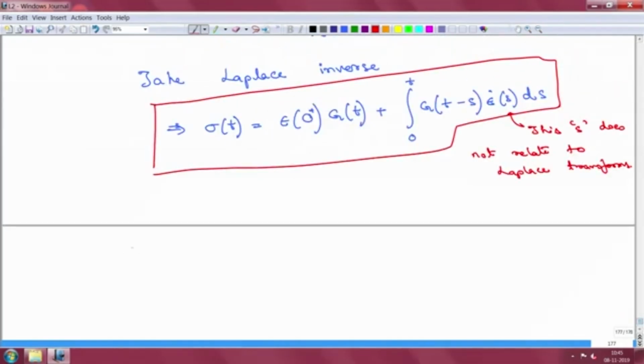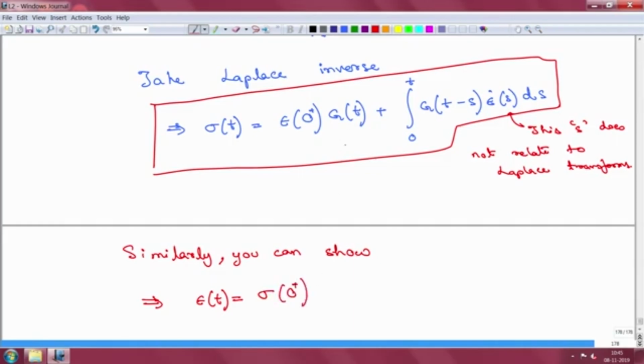So, you can rederive. So, similarly you can show that your epsilon t is equal to sigma 0 plus. So, instead of g you will have the j, the creep compliance, and here you will have a very similar convolution integral, and instead of g you will have j.